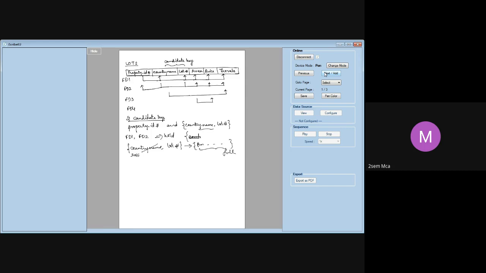So FD1 and FD2, not much of an issue. They are satisfying the second normal form. We are mostly looking into second and third now. Suppose we look into the third and the fourth. What is my third functional dependency? It says that country name determines the tax rate.